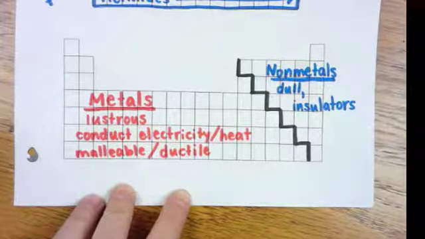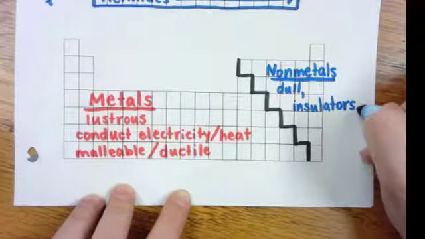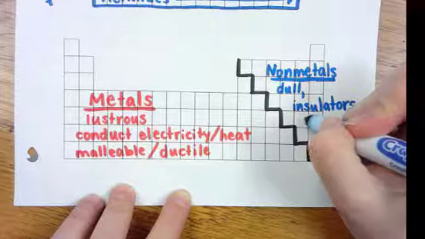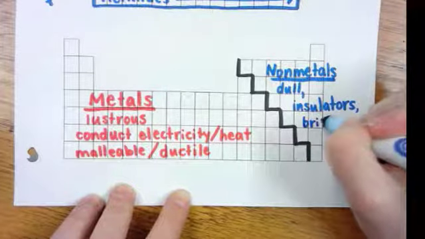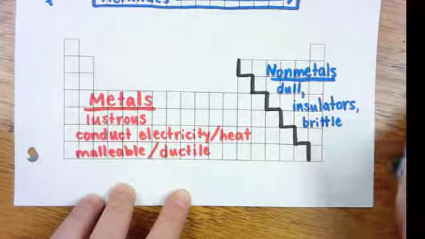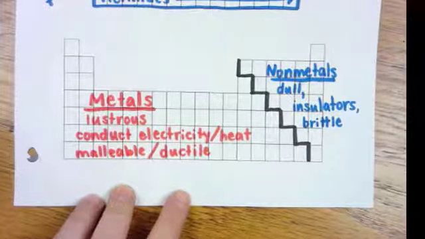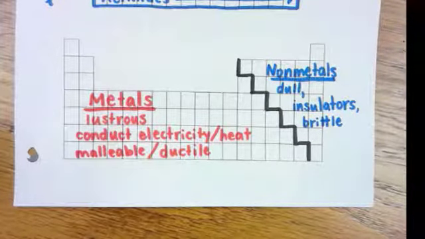And instead of being malleable and ductile, they are very brittle solids. Now we've taken care of the left side of the stairs and the right side of the stairs. Let's remember what's actually on the stairs.